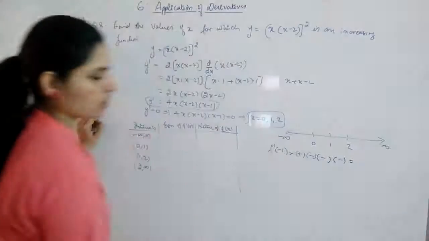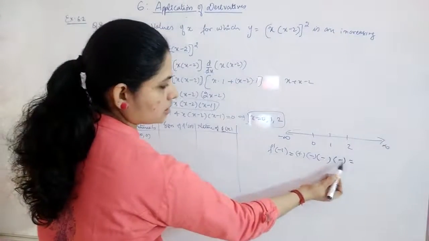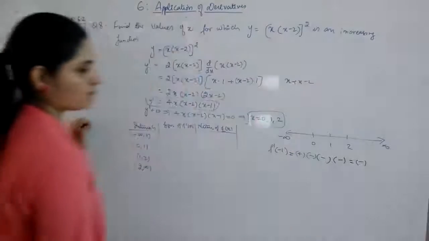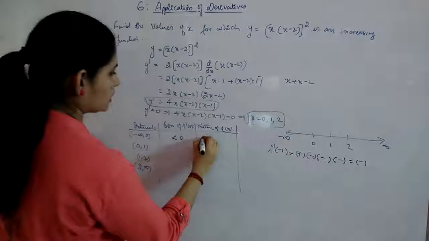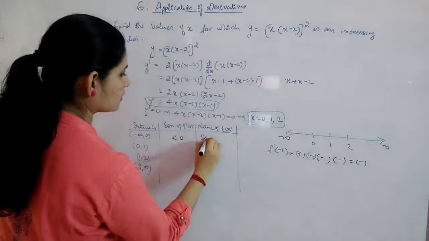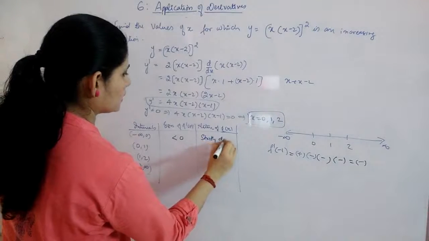So in total, minus minus minus will give you minus. So it is less than 0 here. So the nature is strictly decreasing.